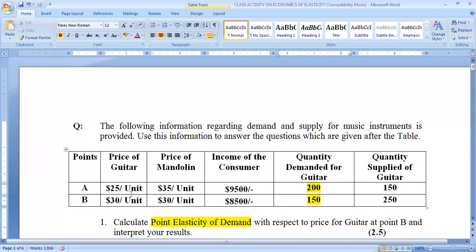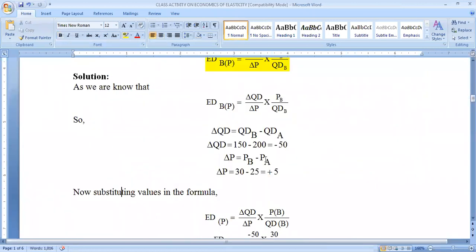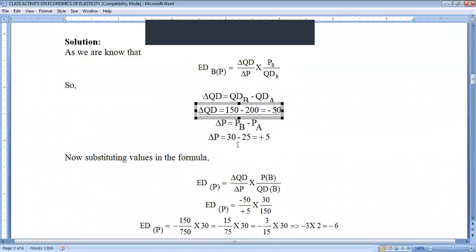What about the price of guitar? It is 30 at point B, but it is 25 at point A, right? So here comes quantity demanded at point B, it is 150, but it is 200 at point A. The difference between 150 and 200 is minus 50.